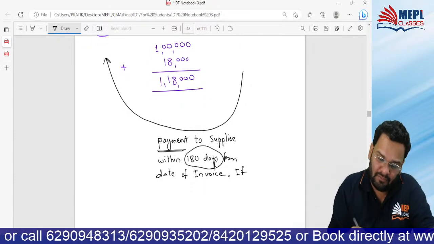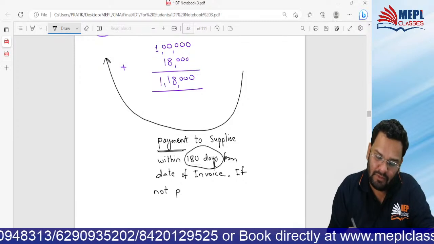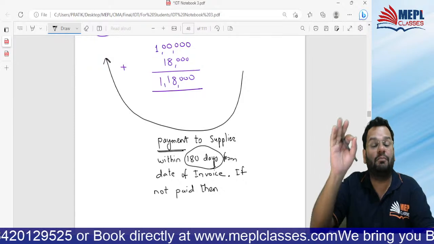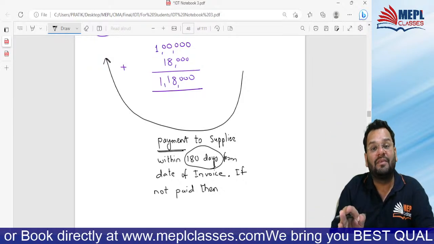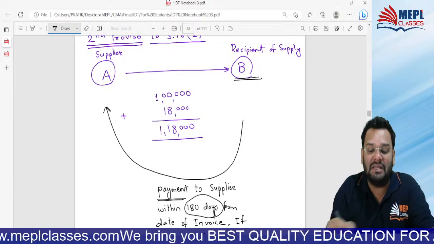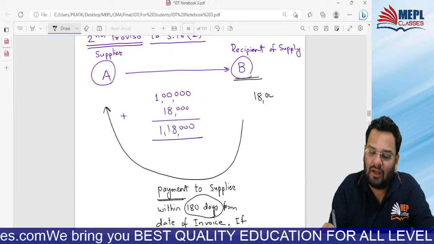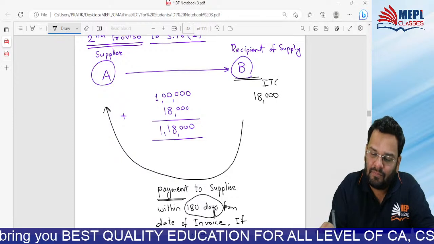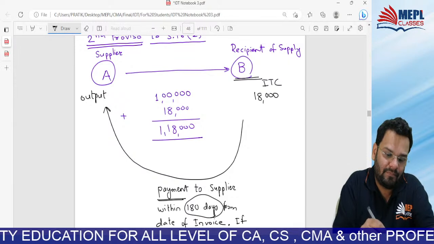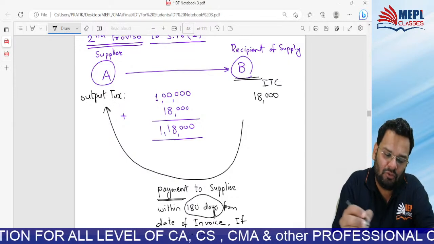If not paid, then government says, how much is the ITC that you have claimed as B? 18,000 is your ITC. That is A's output tax. That is your ITC. Yes or no?